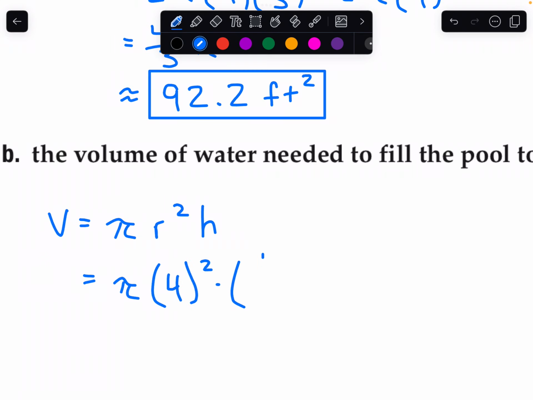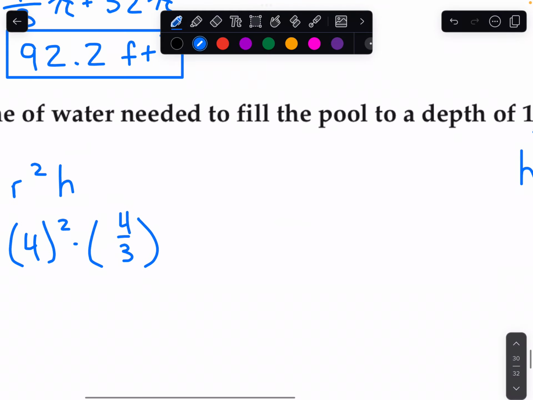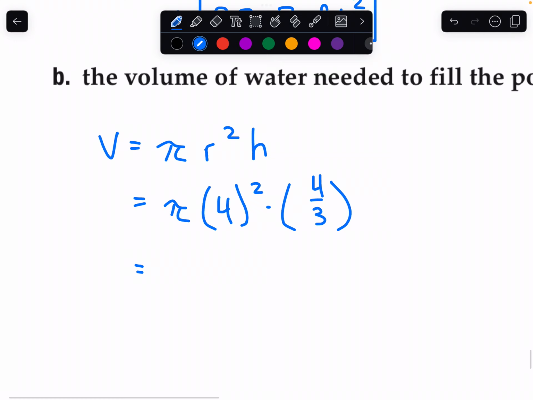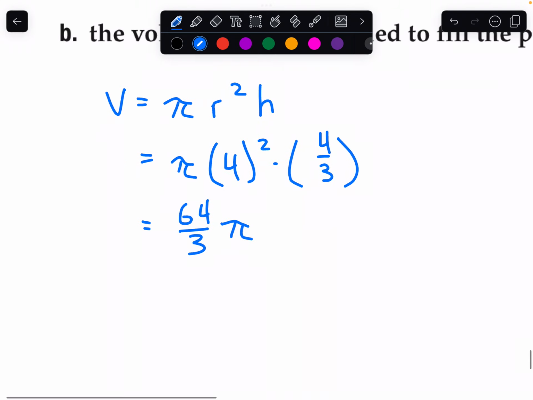And now the height is 4/3 instead of 5. So that's going to be 16 times 4 is 64. So this is 64/3 pi in exact form, rounded to the nearest tenth place, 67.0. Yeah.